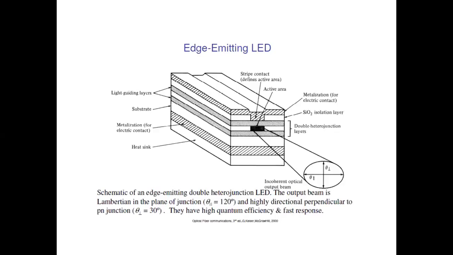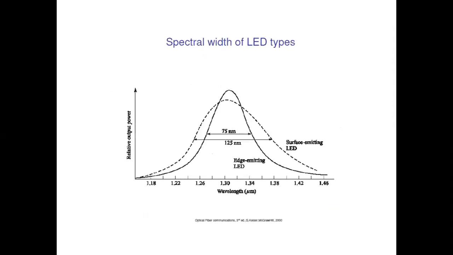The output beam is Lambertian in the plane of injection and highly directional perpendicular to the injection. They have a higher quantum efficiency and fast response. If we think about the spectral width of these two LED types, we find that the surface emitting LEDs have a higher width than the edge emitting ones.